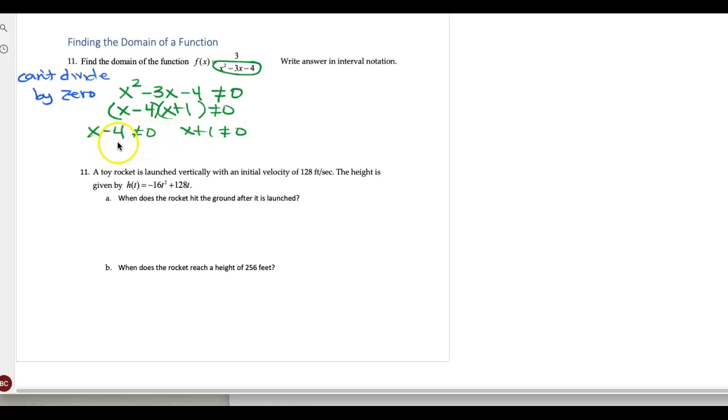And again, if I solve these, add the 4 over, I'm saying x cannot be +4, and subtract the 1 over, x cannot be -1. All right, so those are the two things it can't be. Now, if it asks for just the excluded values, you could just leave it like this. I'm going to write that out to the side. These are the excluded values, meaning it can be every other x value except for these two.